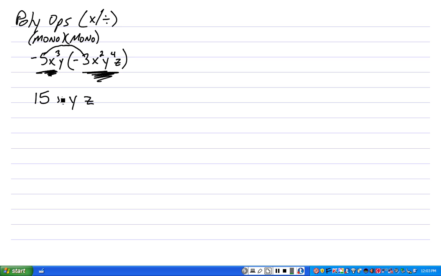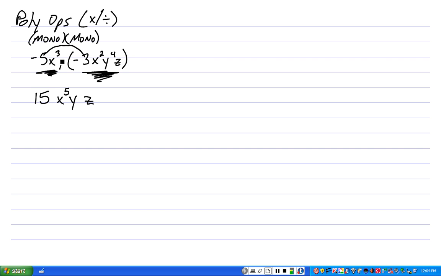Now with the x's, because we're multiplying the coefficients, negative 5 and negative 3, that means we're going to now add the exponents. Right here you see x to the third, and here x squared. So this 3 plus that 2 now means x to the fifth.